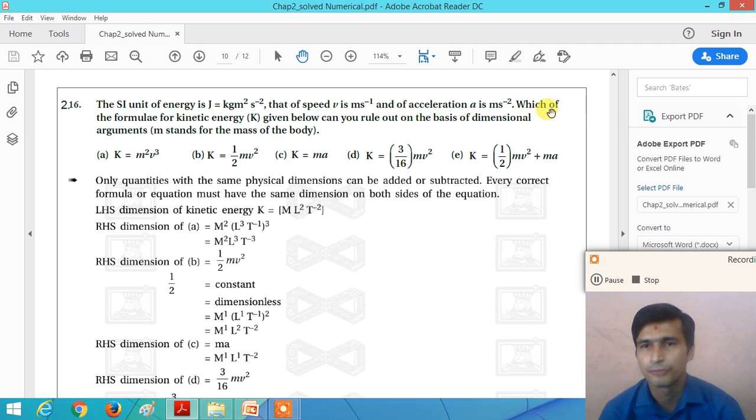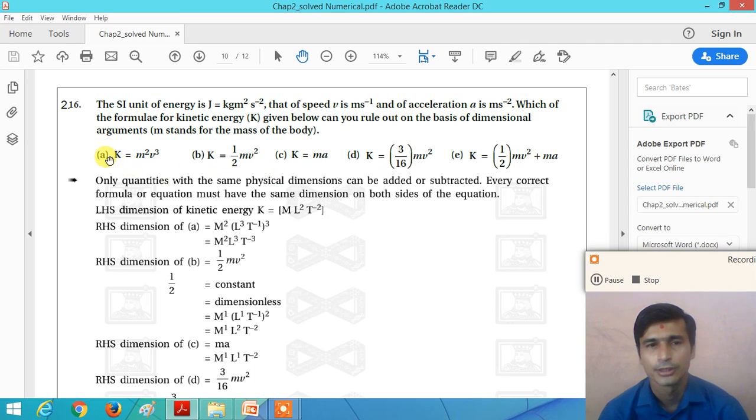Now which of the formulas of kinetic energy K given below can you rule out on the basis of dimensional argument? M stands for the mass of the body. So here a number of formulas of the kinetic energy are given to you, right? And we need to justify which of these formulas is the correct formula of the kinetic energy.